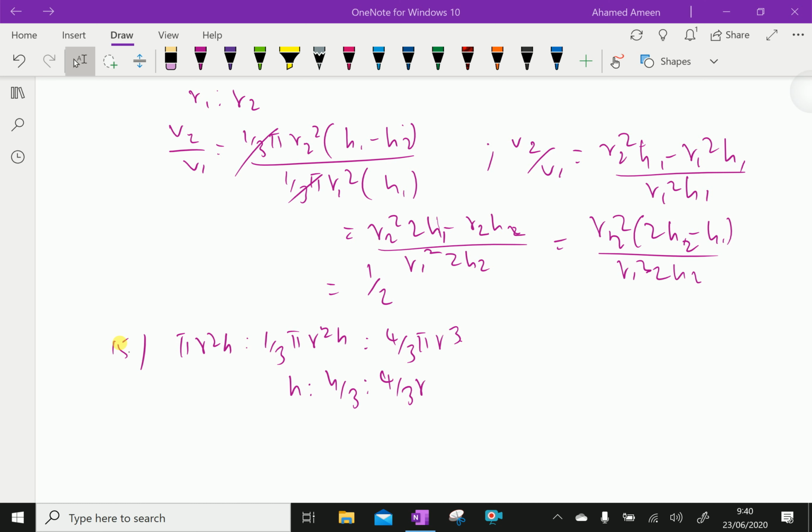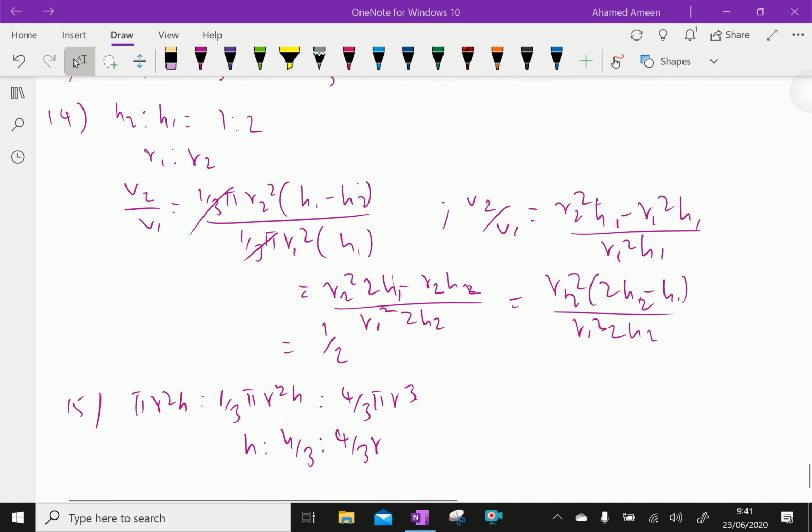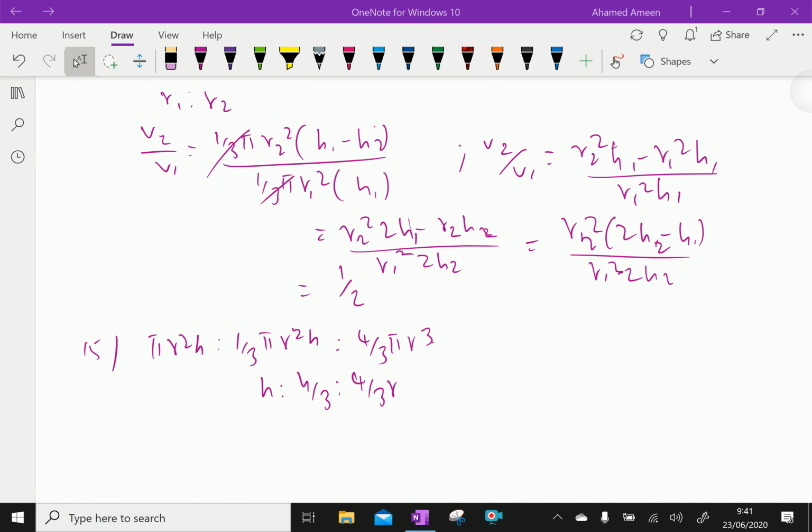So the ratio is 3:1:2. This ratio is 3 is to 1 is to 2, because after that you put the same value of h. From this we can get the answer.